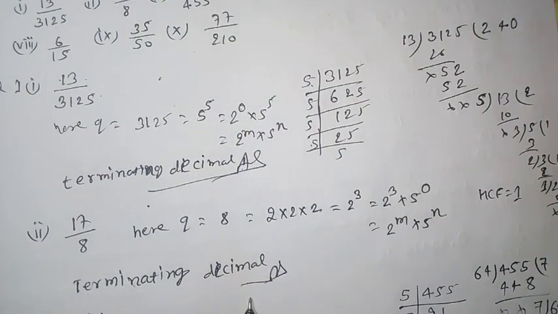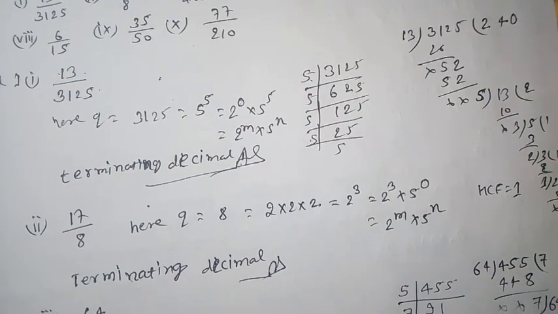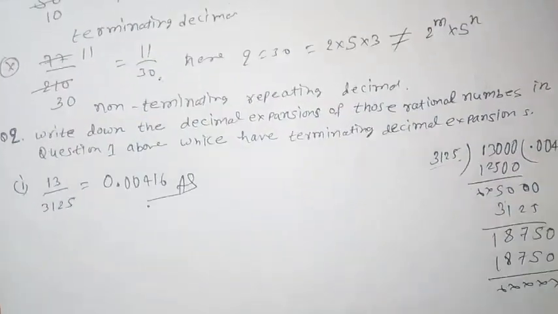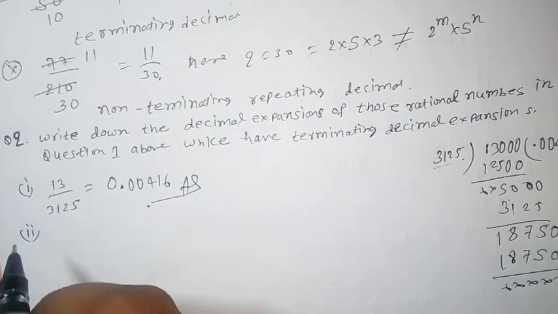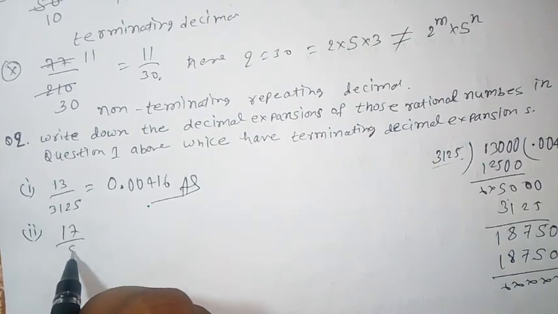Now question number 2 also has a terminating decimal, so I get the decimal expression. Question number 2, 17 by 8.